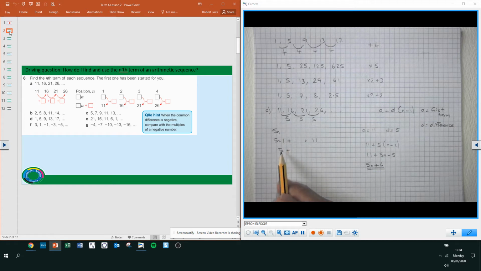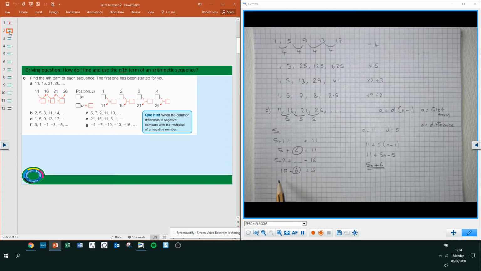What do we add to 5 to make 11? We add 6. And 5 times 2 plus something equals 16. 5 times 2 is 10. What do we add to 10 to make 16? We're getting that 6 again.